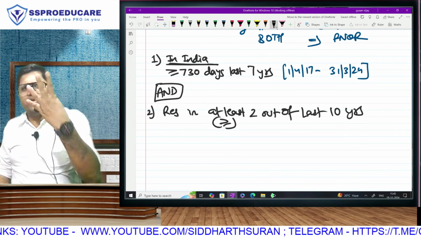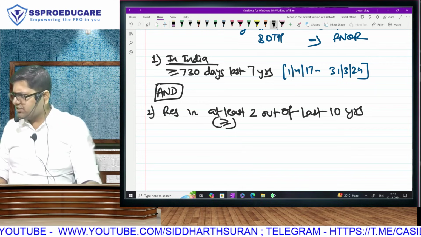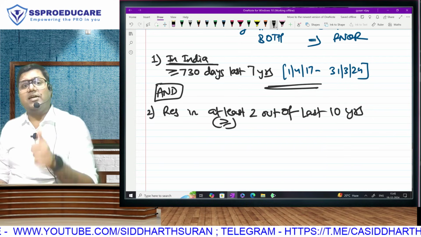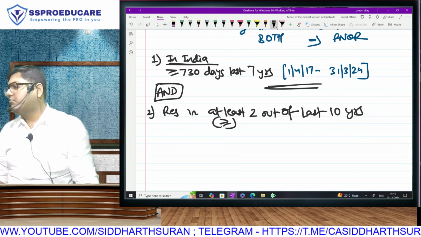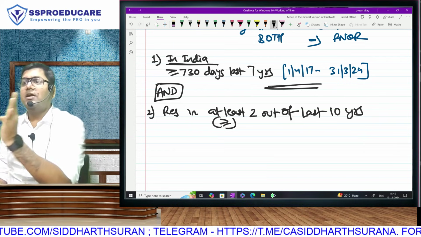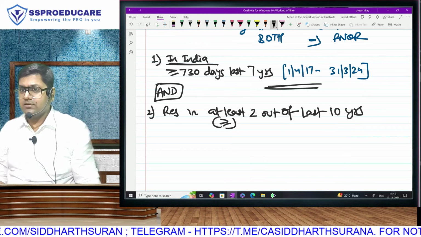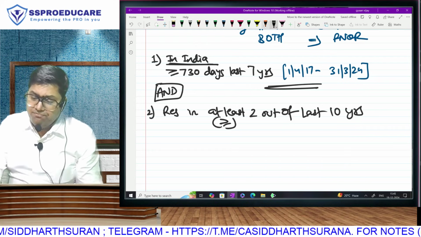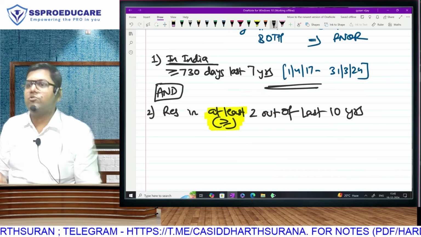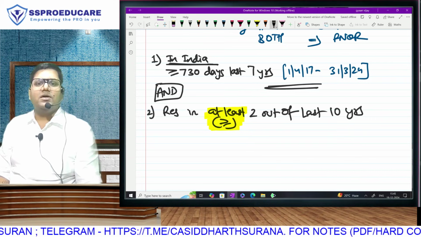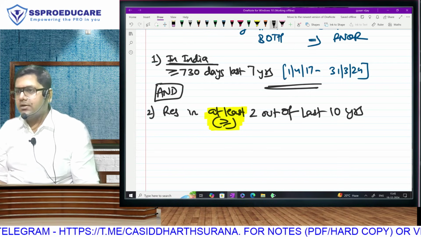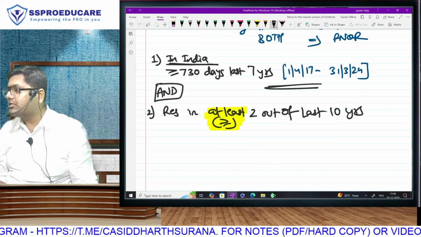Before that, 4 years we already had in 365, 3 more years we got here for 730, and 3 more years: 16-17, 15-16 and 14-15. Means 14-15, 15-16, 16-17 till 23-24, there are total 10 years. In these 10 years, you have to be a resident in at least 2 years.